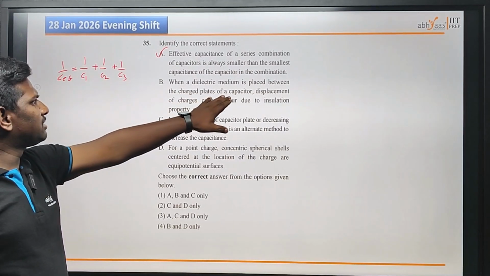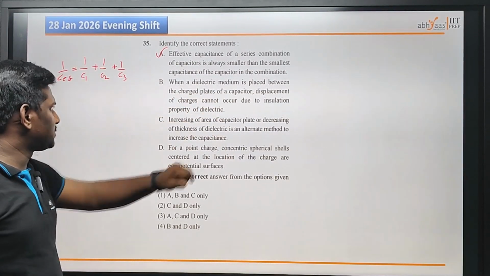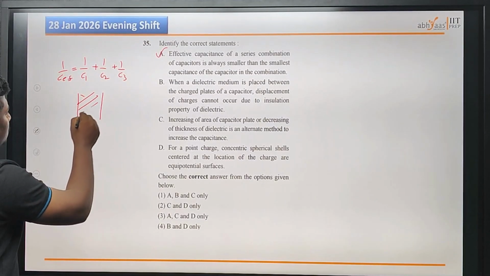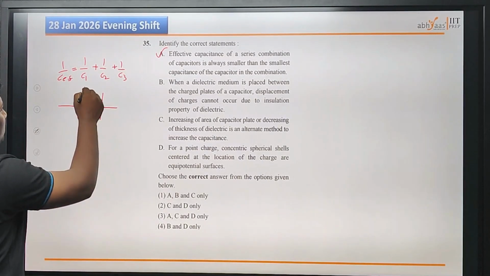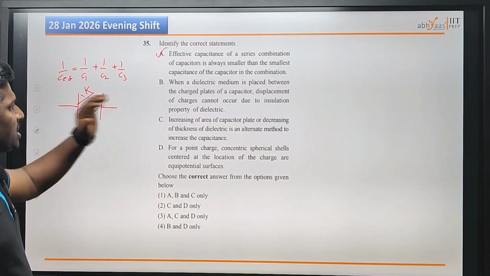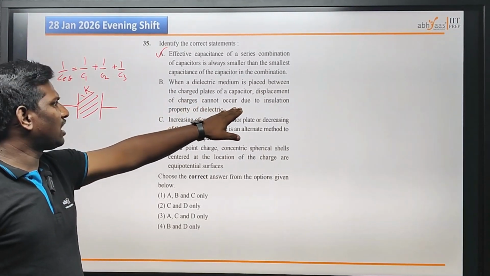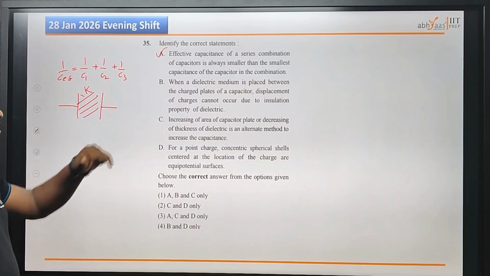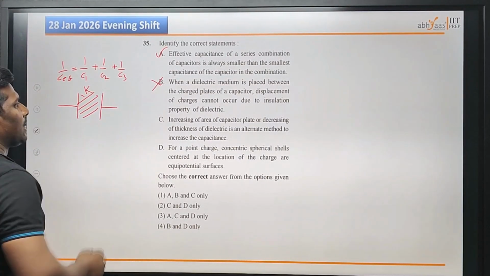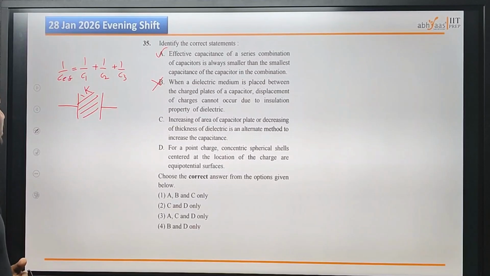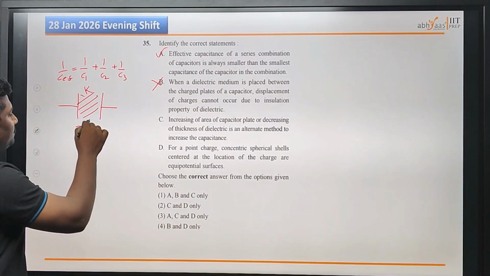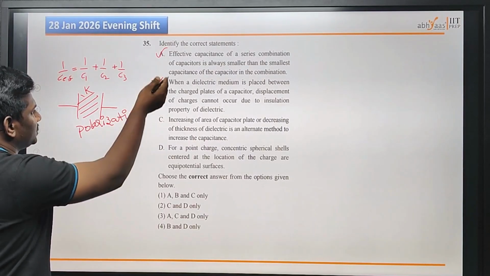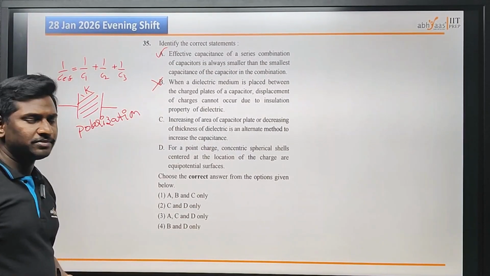When a dielectric medium is placed between the charged plates of the capacitor, the displacement of charges cannot occur due to the insulation property of a dielectric medium. This is wrong, because the charges are displaced by the application of polarization.